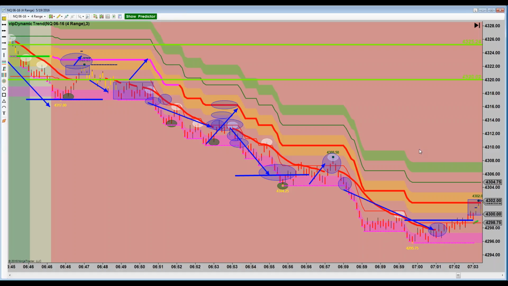I think somebody typed in Phantom. I don't know if it would be Phantom. Phantom is really just to clarify something for some, because sometimes the concept of Phantom can be a little confusing. Phantom really comes into play when you have a very large trend move and you start to get a retrace.